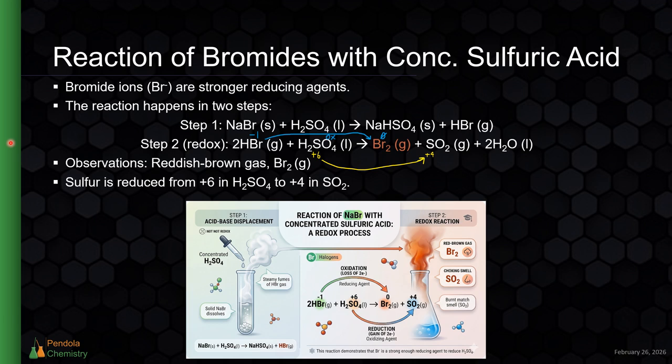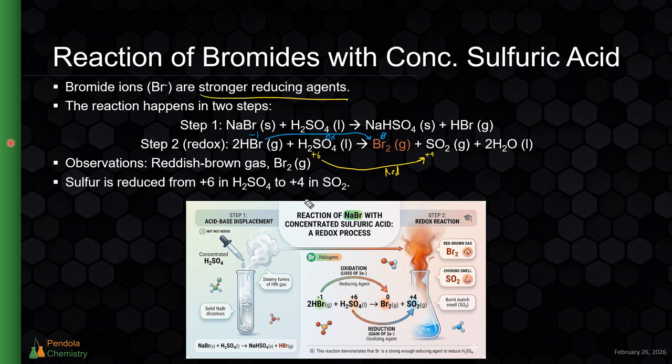So we have the reduction of the sulfur and the oxidation of the bromine, which is why this is classified as a redox reaction. And this is due to the bromide ion having more reducing power, being a stronger reducing agent than the chloride ion, because of the factors that we discussed earlier, shielding and size.